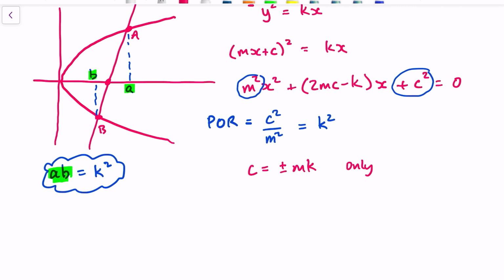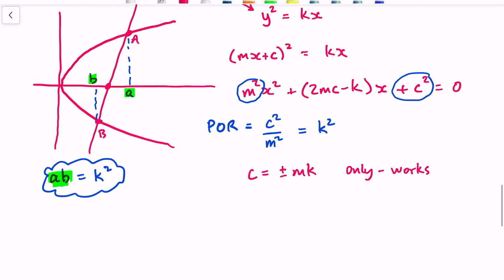Only the negative works. Okay, remember that c in a line y equals mx plus c is your y-axis intercept. Now if the slope of the line is positive, the k value will be positive because the parabola is opening up to the right. And your y-intercept of the line is clearly a negative number, so negative mk works.